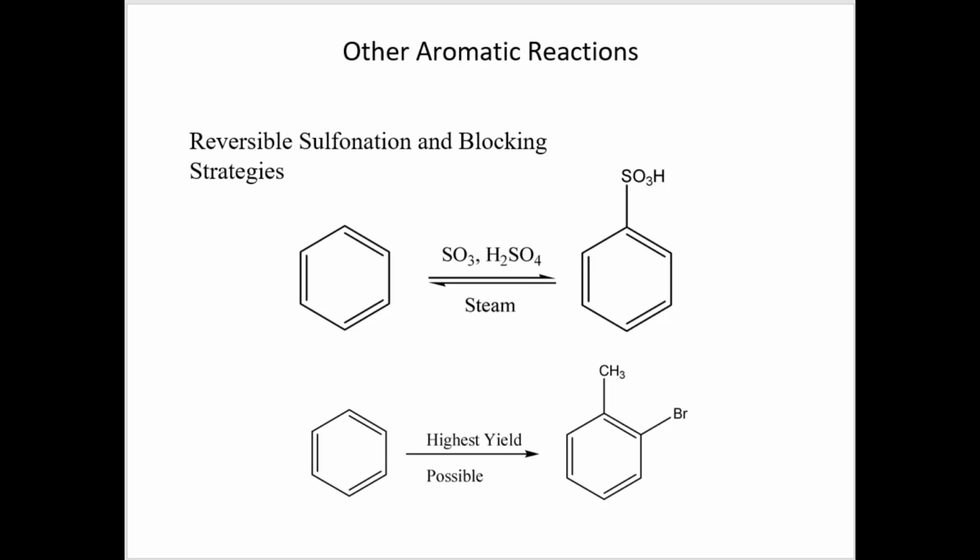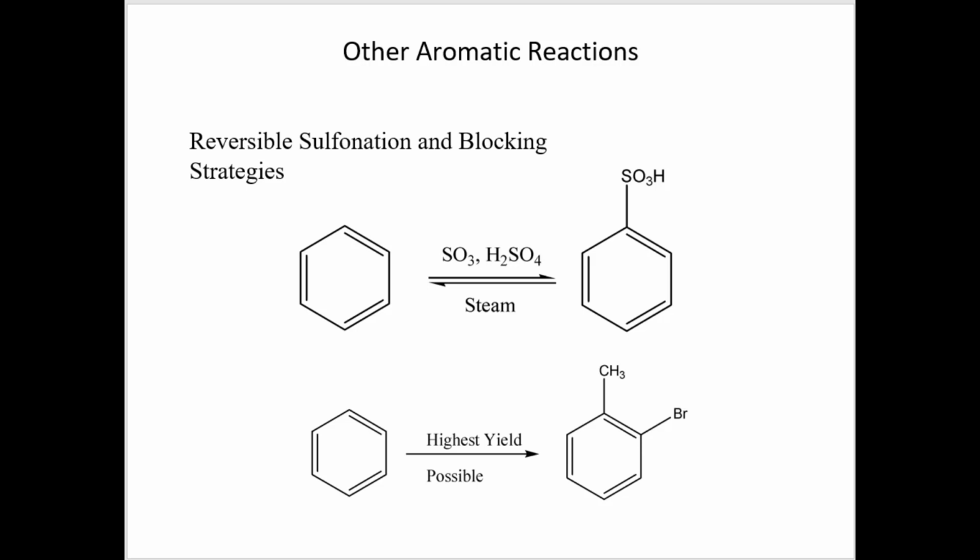Methylbenzene has a common name of toluene. If you were working in industry, you would try to make this in the highest yield possible, because unless you have somebody else who wants to buy the para-bromotoluene, you'd then have to separate and do all of these steps. Plus, it wouldn't necessarily be environmentally friendly and would generate a lot of waste. So could we think about using a strategy to make ortho-bromotoluene in the highest yield possible?